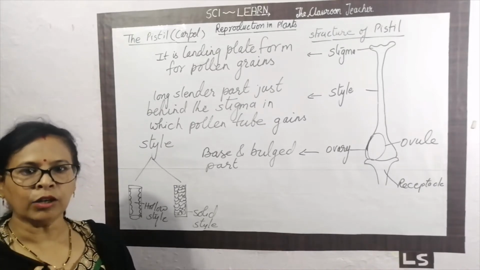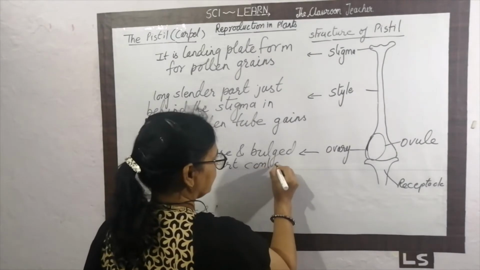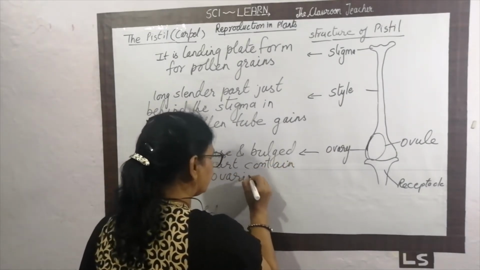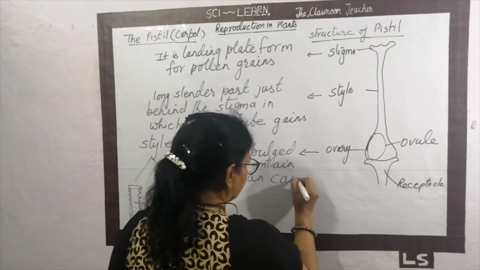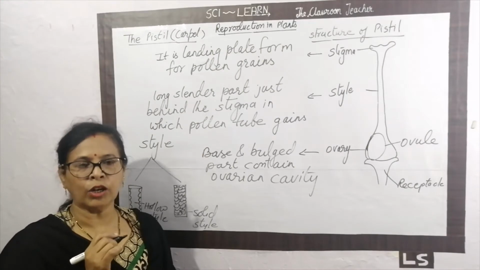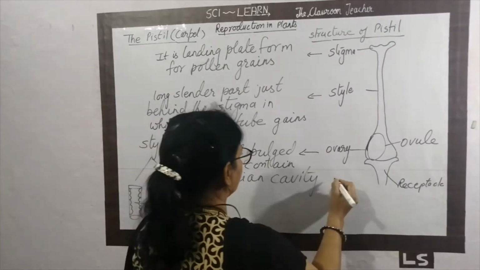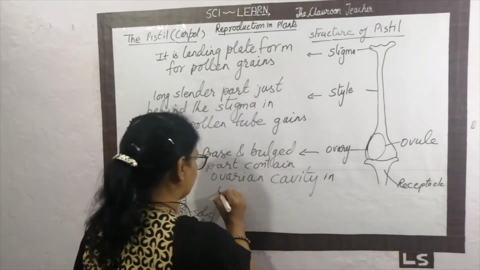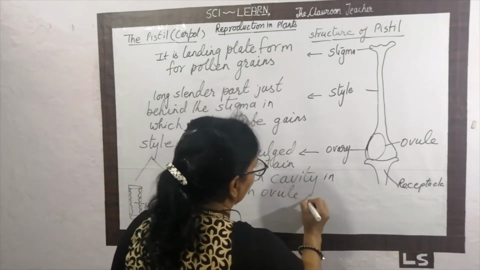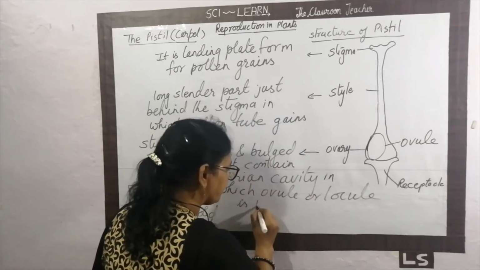It contains the ovarian cavity. The ovarian cavity contains the locule, in which the ovule is present.